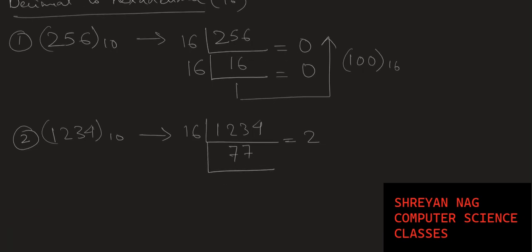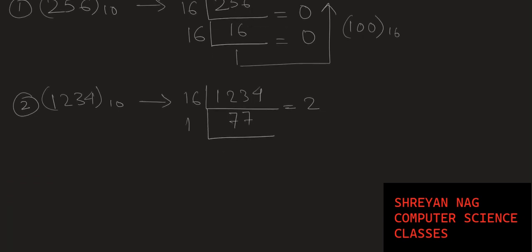Again do this. 16 4s are 64, 16 5s are 80, so 16 4s are 64, so 77 minus 64 is 13.